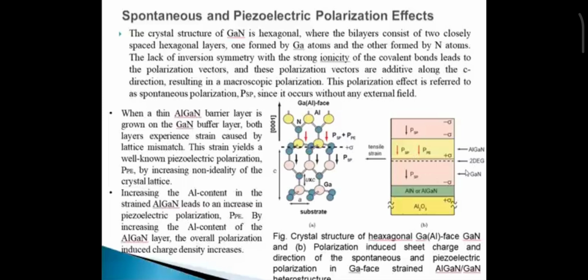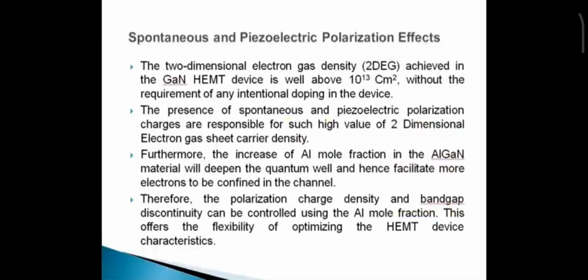2DEG is the two-dimensional electron gas density. The two-dimensional electron gas density achieved in the gallium nitride HEMT device is well above 10 raised to the power 13 per centimeter squared, without the requirement of any intentional doping in the device.